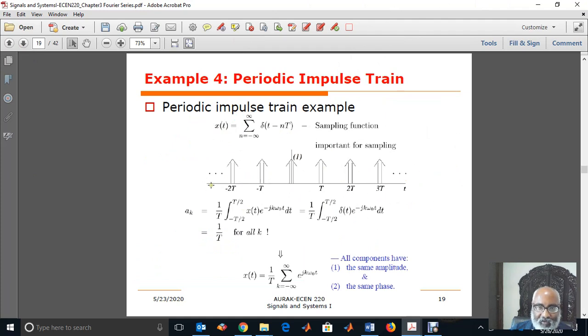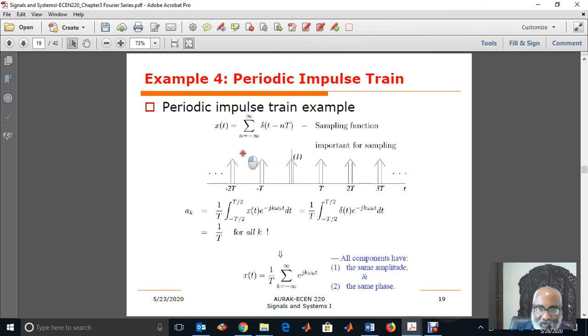We call it a periodic impulse train, which is used for ideal sampling of signals, because when you multiply any signal with this impulse, the signal will have a value at the location of the impulse. That's why it is used for sampling, and it is called a sampling function.